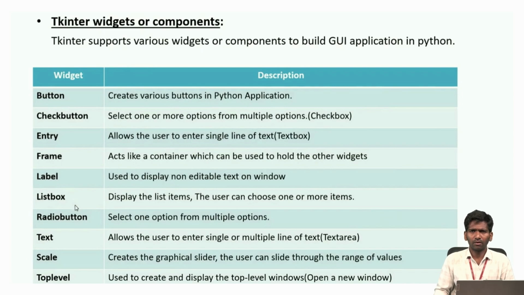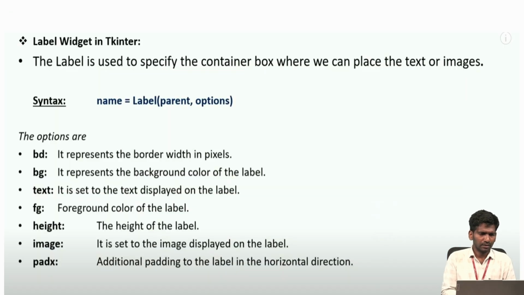Okay, what all this? If you want to get two screens, two outputs, what we need to do? What is the scale? What is the top level? All these things can be studied with the help of available internet sources or from this slide. Yeah. Next, label widget. Label widget is used to create labels. Okay. So options you can see parent. So if you see the syntax, name is equal to Label, parent, option.